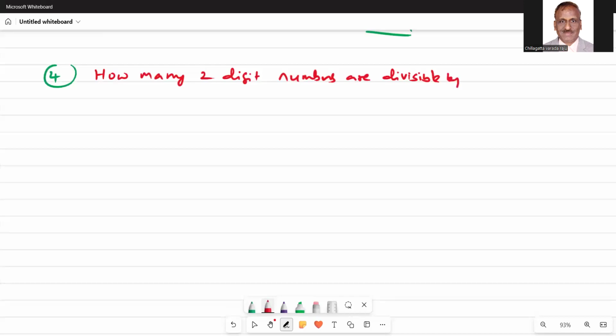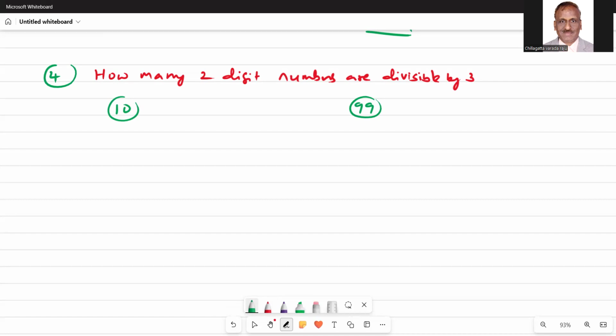Divisible by 3. So your question, which is the first 2-digit number? Let us write first. First 2-digit number is 10. What is the last 2-digit number? 99.